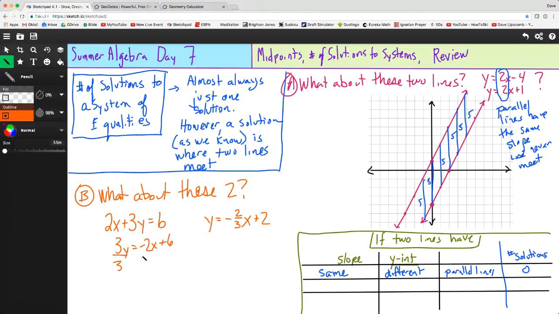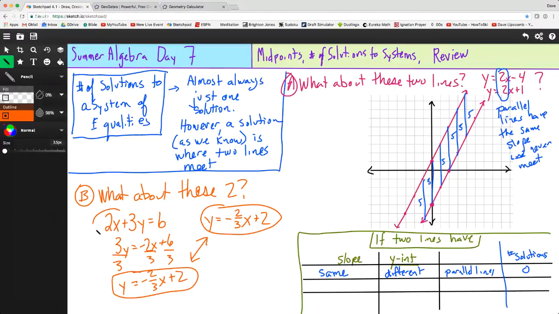Now I divide everything by 3, and I get y equals negative 2/3 x plus 2. Well, this turns out to be exactly the same line as this one. So these lines are also the same line.